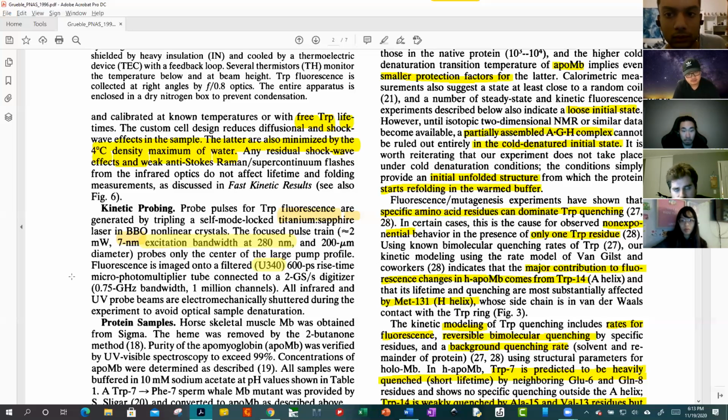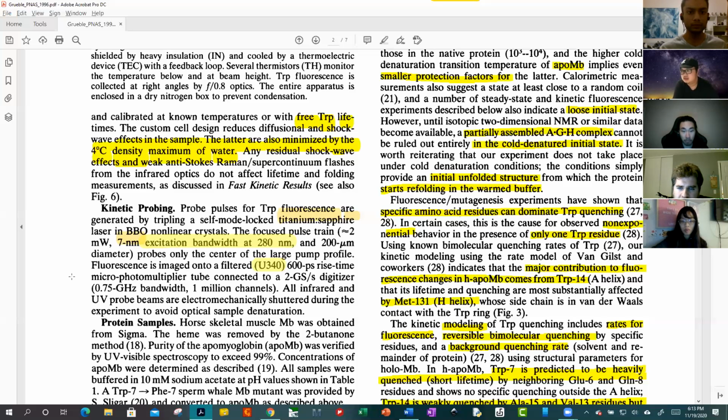And then the fluorescence is imaged onto a 600 picosecond rise time photomultiplier tube and a 2 gigasample per second digitizer. So 2 gigasamples is 2 billion samples per second. So it's taking a sample every roughly 500 picoseconds.